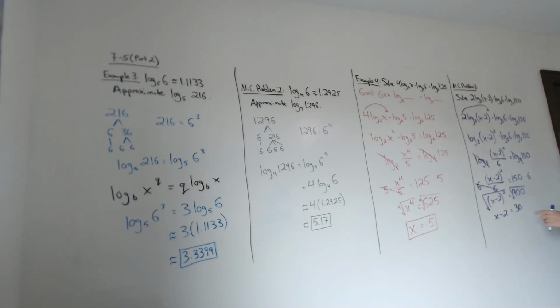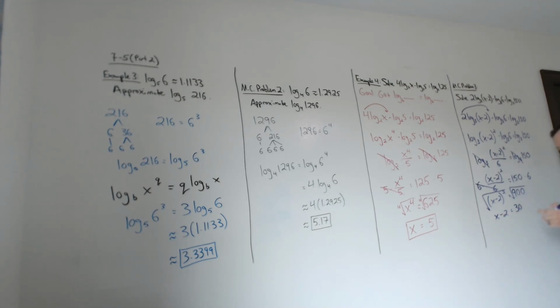And again, technically this is plus or minus 30. But if we put a negative 30 here and then move that 2, we're going to get a negative number. And we can't take the log of a negative number up here at the top. So I'm just going to leave this as a positive 30. But it is something you should look at as you solve this.